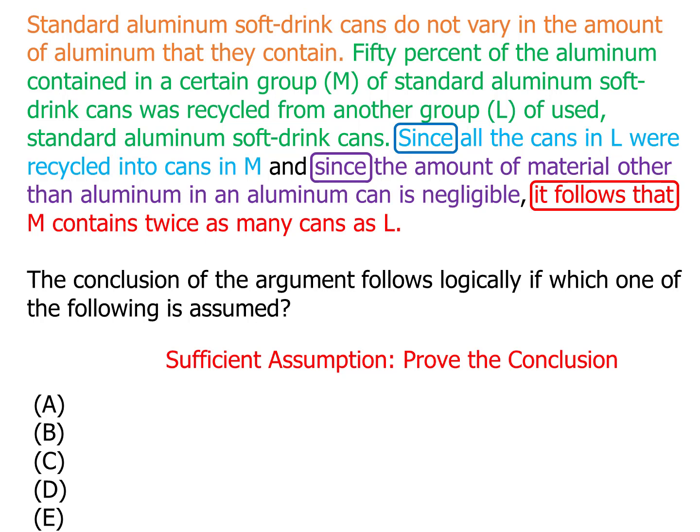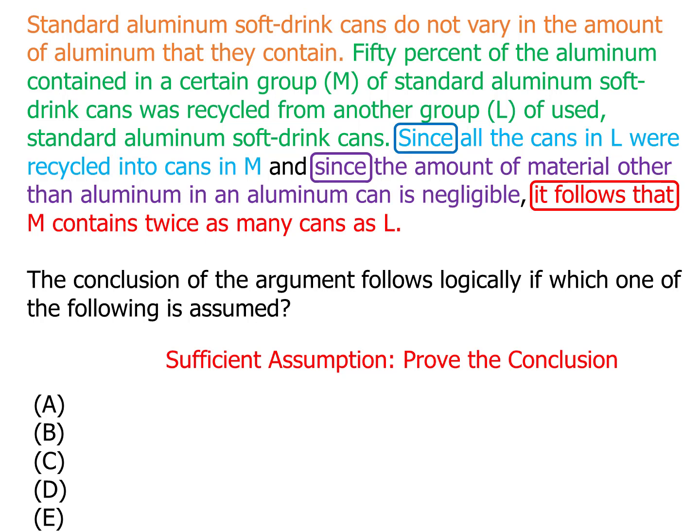So what is there left to prove? Now, there has to be something left to prove, otherwise this couldn't be a question. If the conclusion were already proven, then the answer to the question, what do you need to add to prove this, would be nothing. But they never give us nothing as an answer choice.